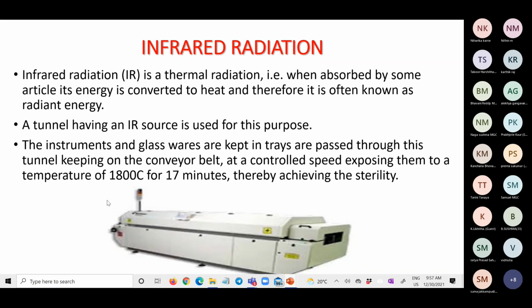This is the temperature and the time required inside the instrument for completion of this sterilization process, thereby achieving the sterility of the instrument or whatever we have kept for sterilization. So this is the infrared radiation. Clear?